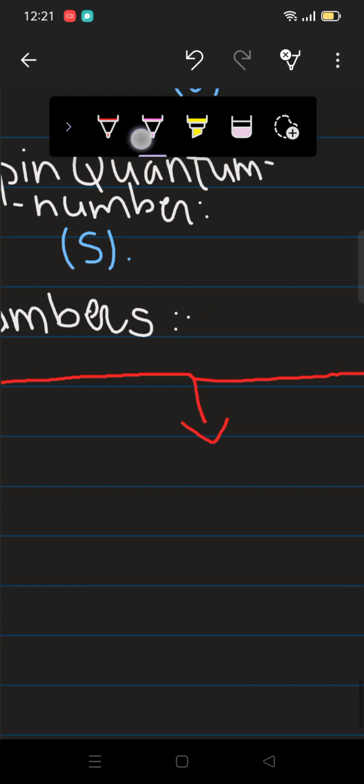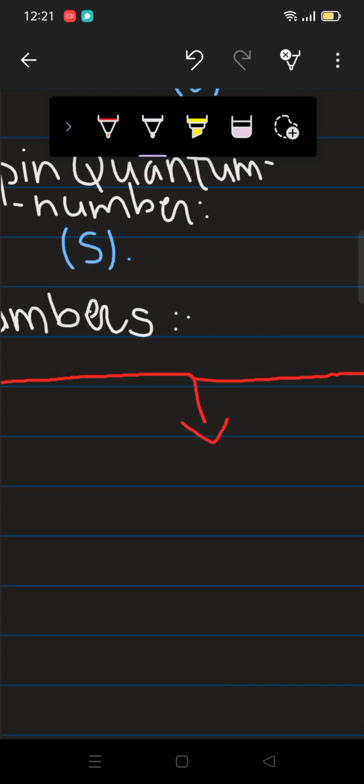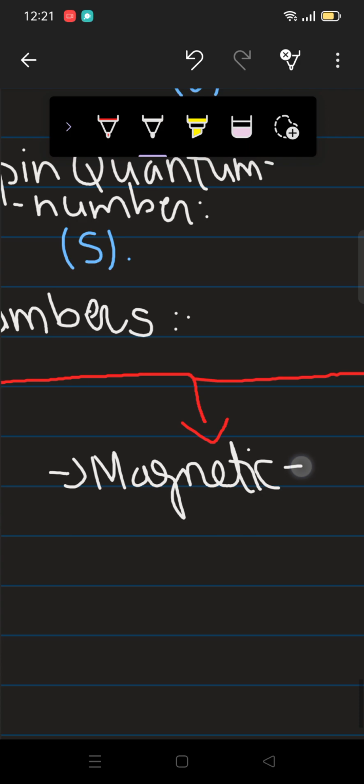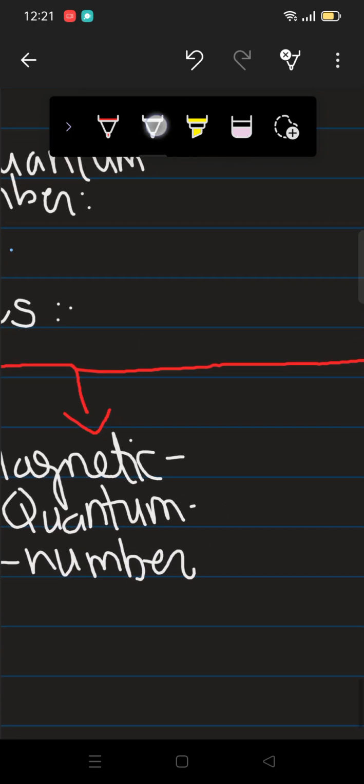Then we have the magnetic quantum number, which is denoted with the letter m.